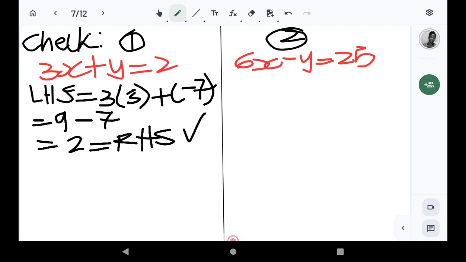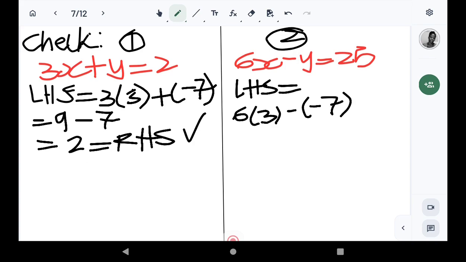And the next one, left-hand side, remember, x equals 3, y equals negative 7. So you put 3 where there is x: 6 times 3, that's 18, minus negative 7, that is plus. 18 plus 7, take out a calculator if you need to, will give you 25.